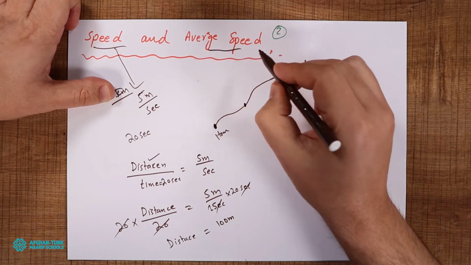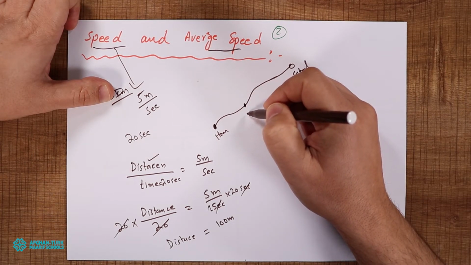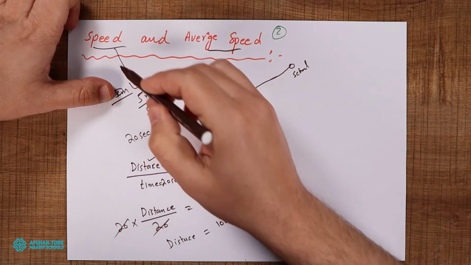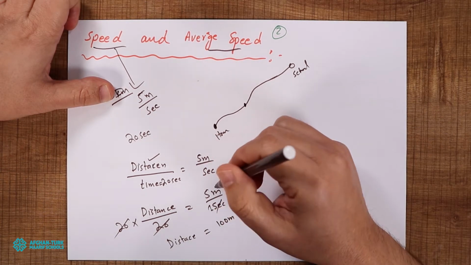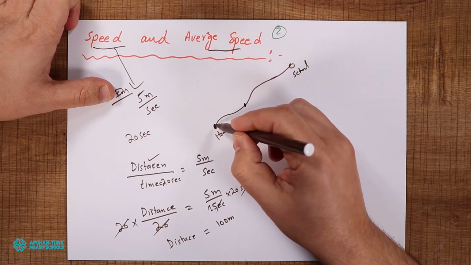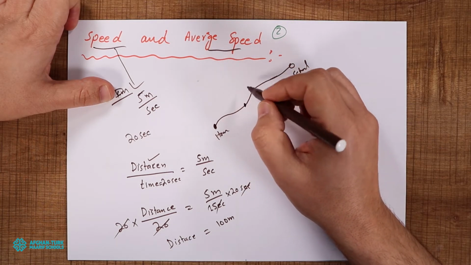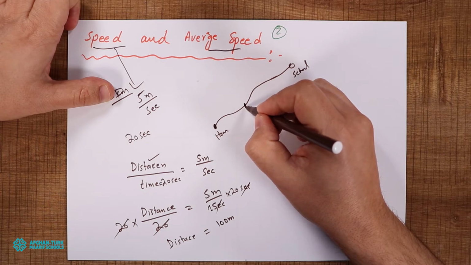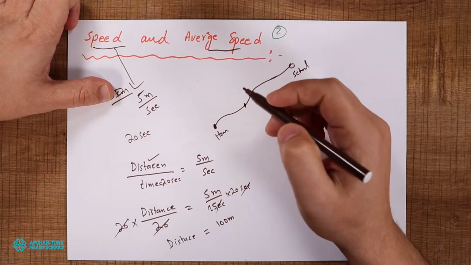In average speed we take care of this wasted time as well. But in simple speed, we only care about when the body is in continuous motion. This is the main difference between speed and average speed.